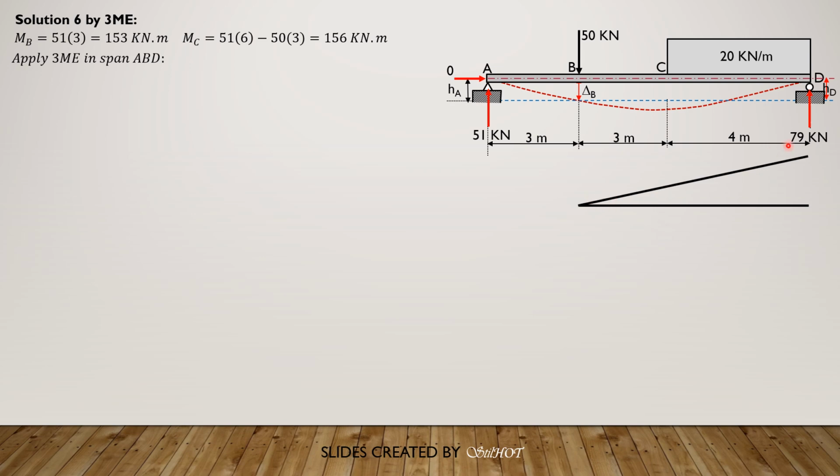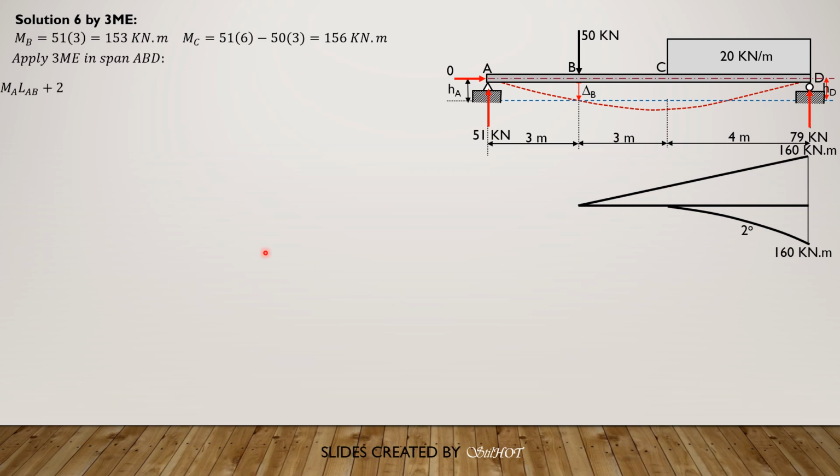So this is the moment of the supposedly reaction at B due to this load here. But first, we need to compute the moment of the 20 kilonewton load. With the second degree, 20 times 4 times 2, 160, before we put this 160 kilonewton meter there. Because this is 160, that should also be 160 because the moment at D is 0, since that's a roller support, simply supported.